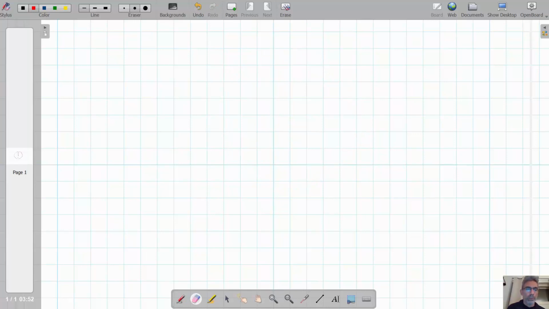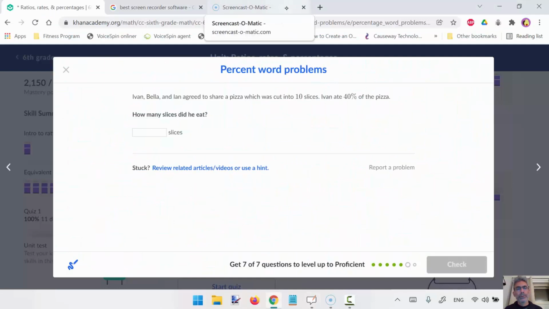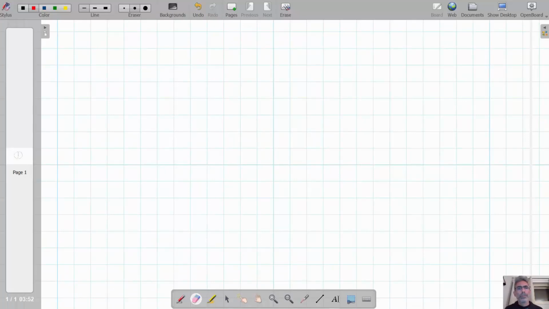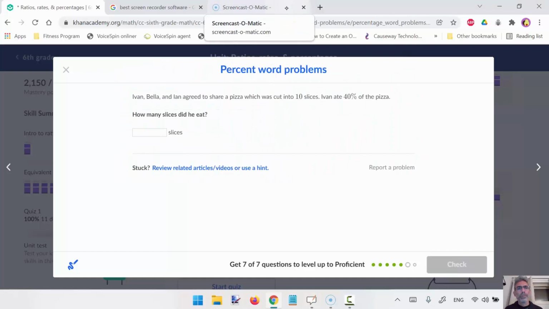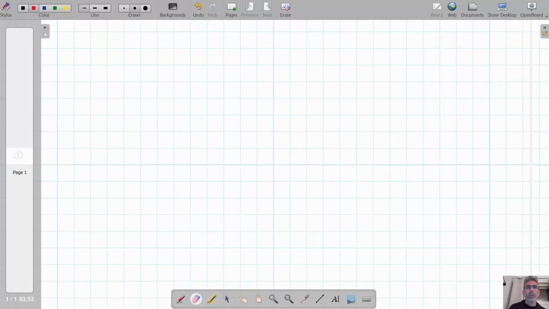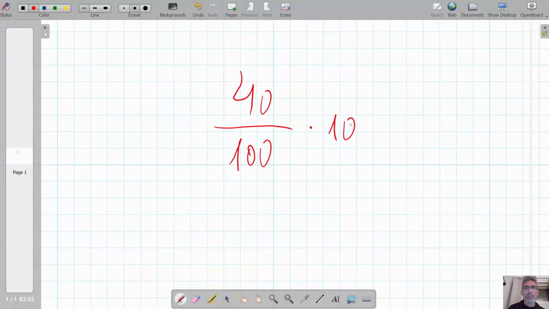Okay, so 40%, which is 40 hundredths, times 10 equals what?